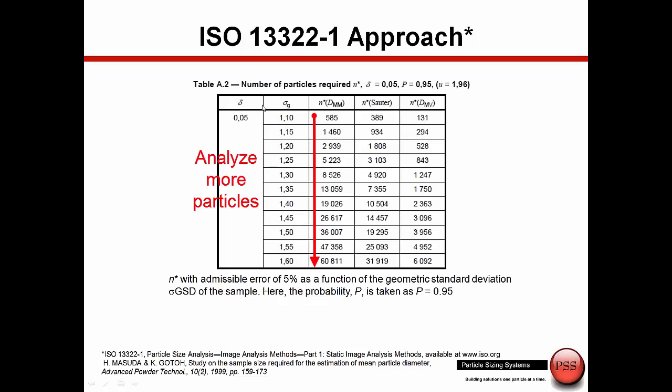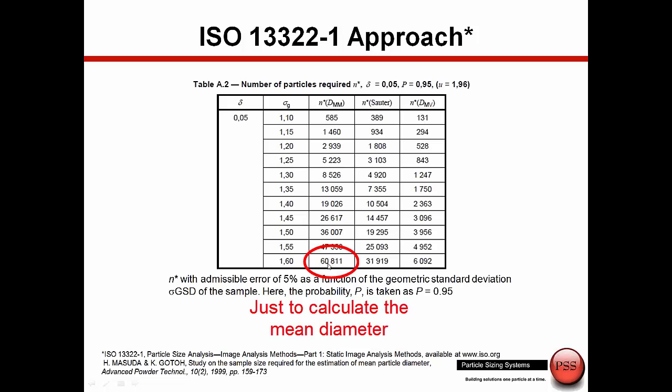But as we have a broader distribution of particles, we need to measure more particles in order to reach a certain confidence level. And in this particular plot, we see this is the geometric standard deviation, if it's 1.6, in order to just calculate the mean value based on the volume basis, we would need to count 60,000 particles. And 60,000 particles, think of that as probably a realistic number of at least before we can start getting a good value for the mean.